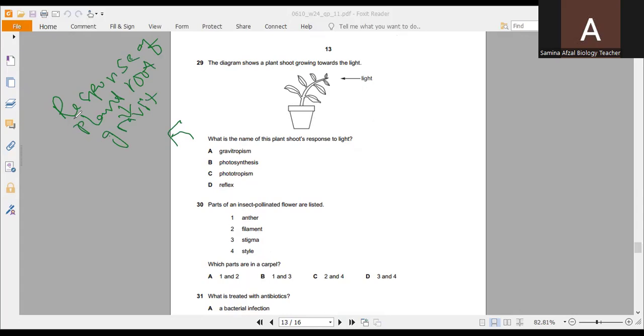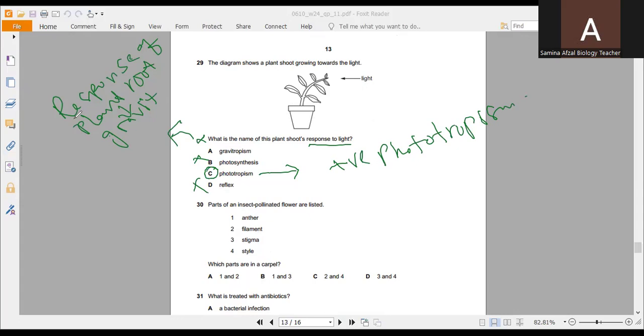And here the root shows the positive gravitropism. And photosynthesis is the process of food manufacture, food synthesis. So A and B are not correct. Phototropism is the response of plant shoot towards the light. Shoot shows the positive phototropism. Reflex is also a response, but not by the plants towards the light. So only C is the correct option.